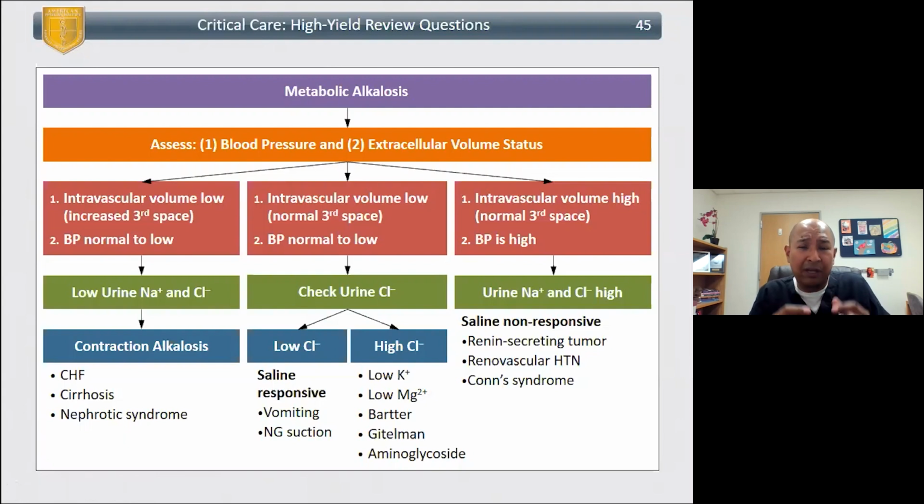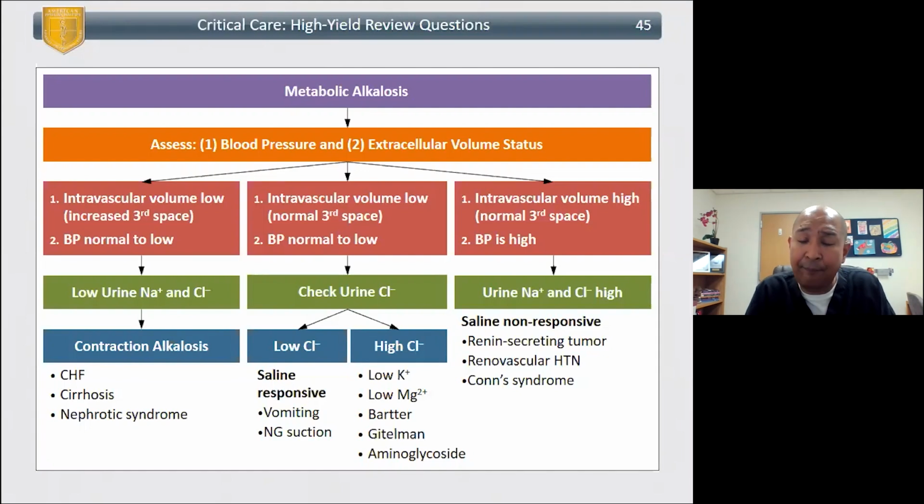And when we talk about why someone with really, really bad, and let's use the most common thing on your boards, CHF, would get a metabolic alkalosis, you can imagine, depending on how bad that left ventricle is, how bad that cardiac output is, how low that EF is, all that fluid's going to be where? In the third space. They're going to be intravascularly what? Deplete. They're almost as if they're dehydrated.